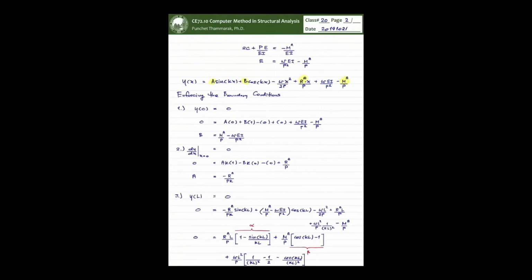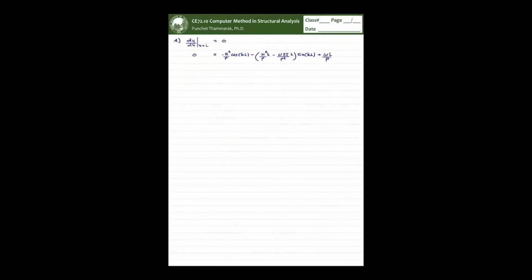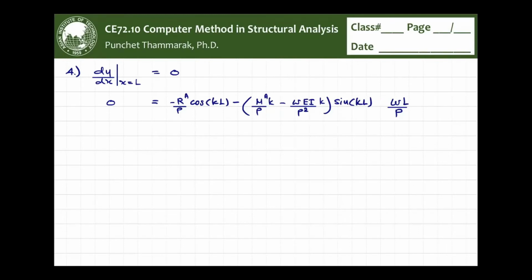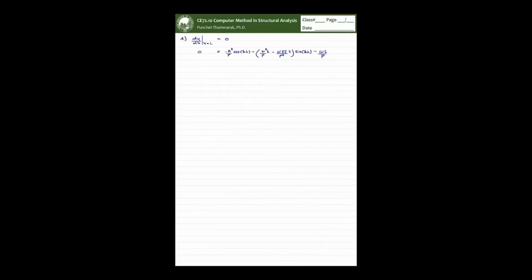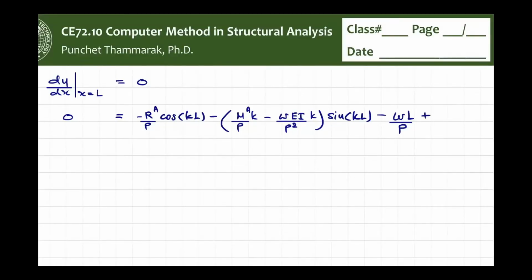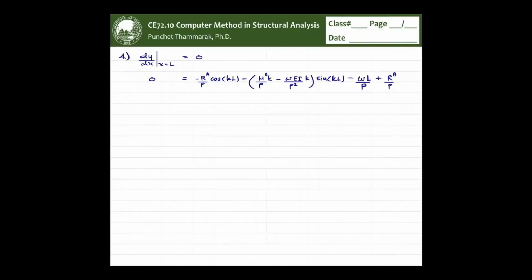WL over P minus, sorry, and then WL over P is there. For RAL, the derivative, we get just RA over P, so plus RA over P. That's it. 0 is equal to, group up.